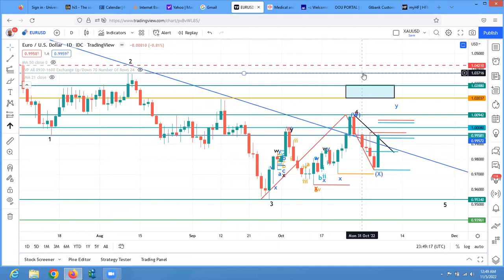If price should come here and violate this, then the structure has changed completely for me. Price is not expected to break this structure. So 1.03700 is still sacred. It's still standing. So price is not going to come up here and violate structure like that.